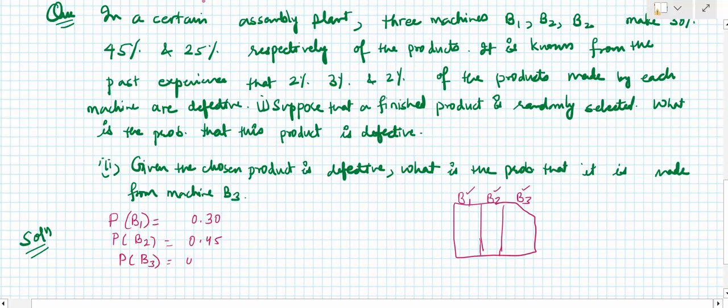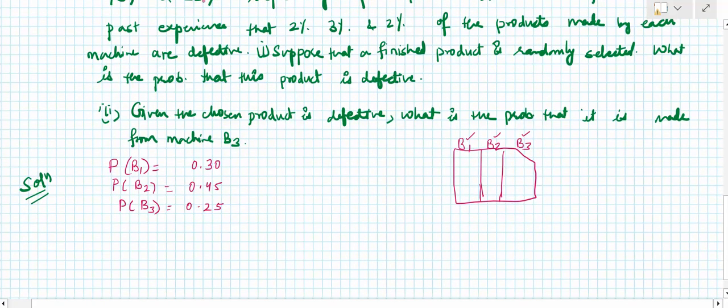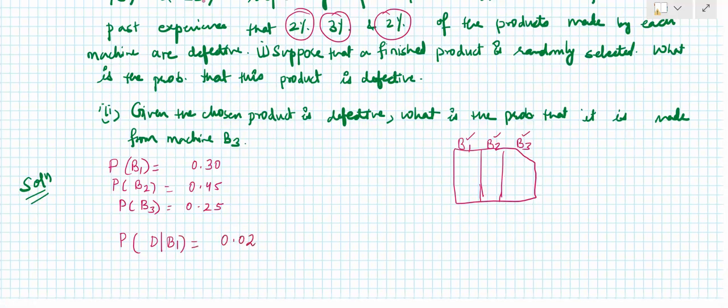That is 0.25. Right? So these are the things given to us. Now what are these numbers? The probability that the product is defective given it is made from machine B1 is 0.02 because it is 2%. Given machine 2 it is 0.03, and given machine 3 it is 0.02.